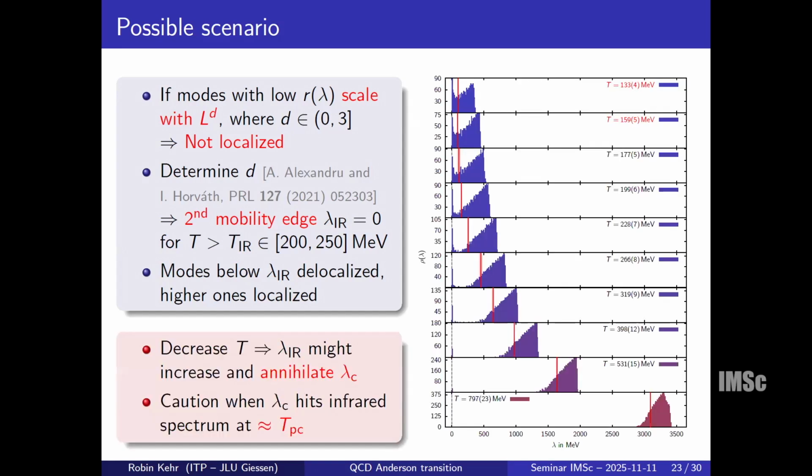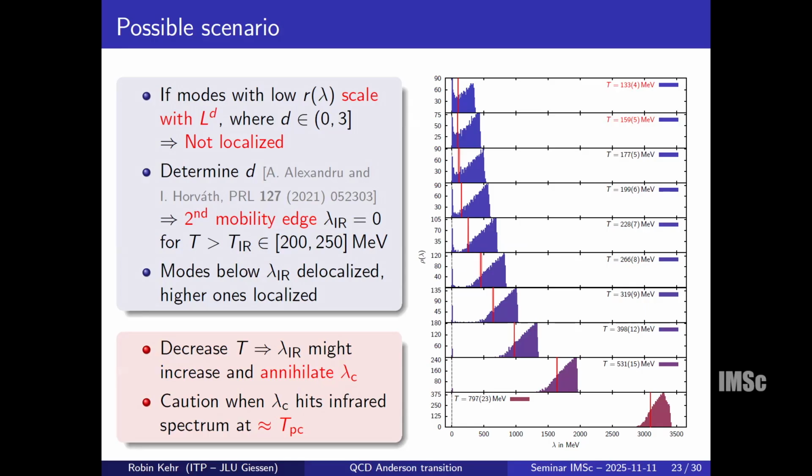Okay, and then if we look at our distributions, the vertical red lines are the mobility edge lambda c we extracted from the inflection point, which decreases together with the bulk spectrum as we reduce the temperature. But then you also see this infrared part. Here you see an infrared peak.